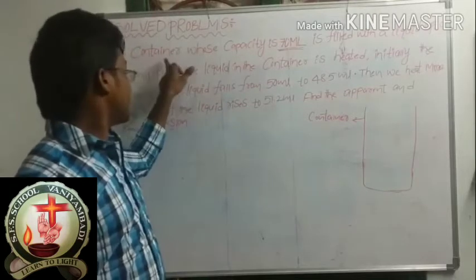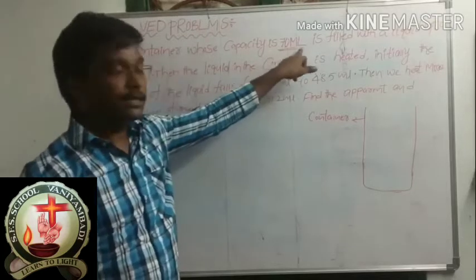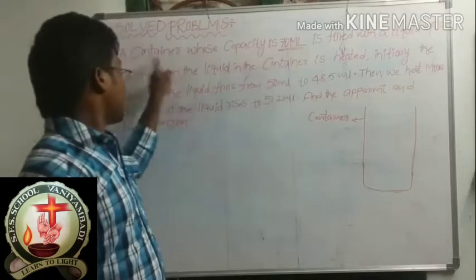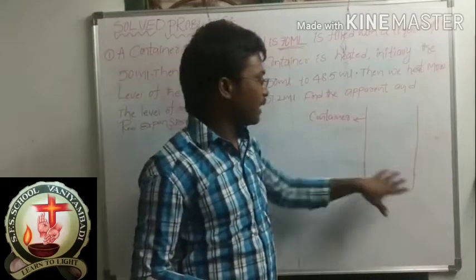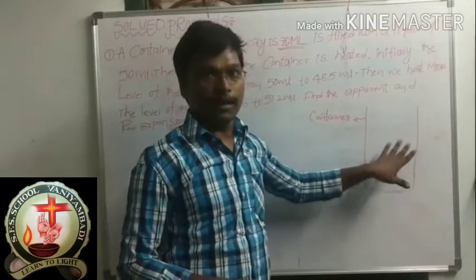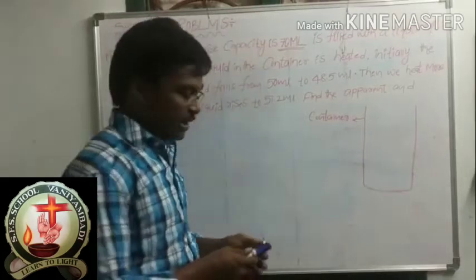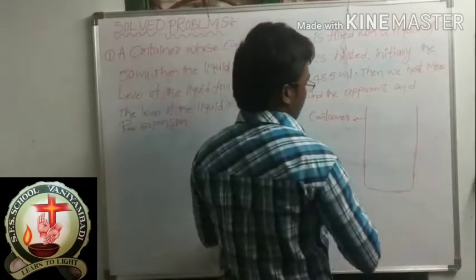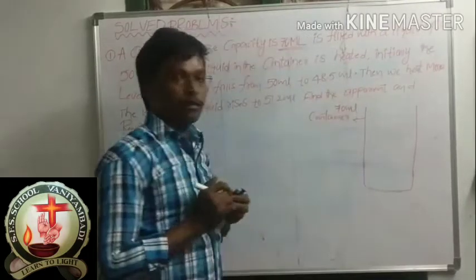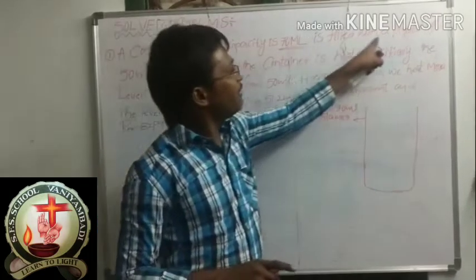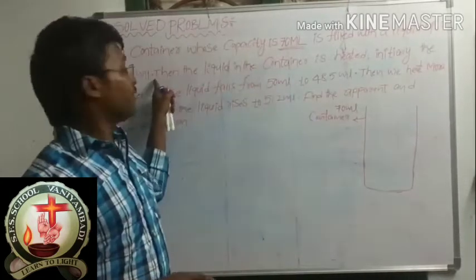Let a container whose capacity is 70 ml. A container whose capacity is how much? 70 ml. So, this is the container, and its capacity is 70 ml. It is filled with a liquid up to 50 ml.